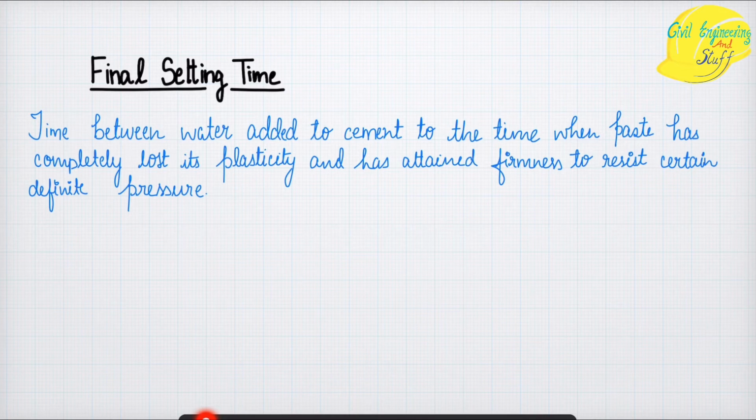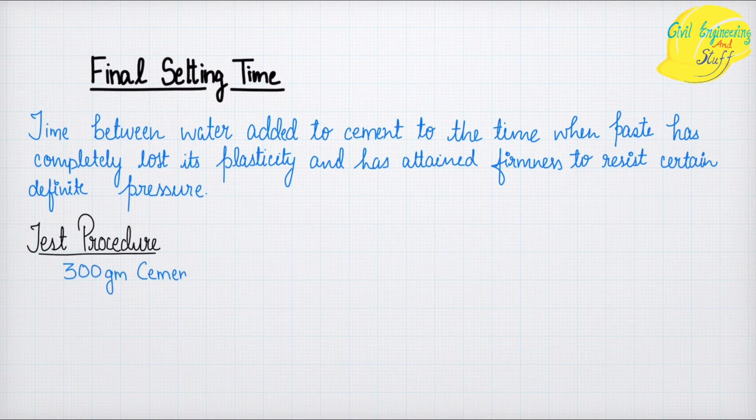The time between water added to the cement to the time when the paste has completely lost its plasticity and has attained firmness to resist certain definite pressure is called the final setting time of cement. Now the mixing becomes impossible and the cement is hard. When we achieve that, that is called the final setting time of cement.